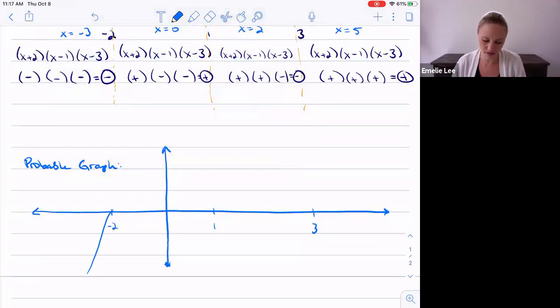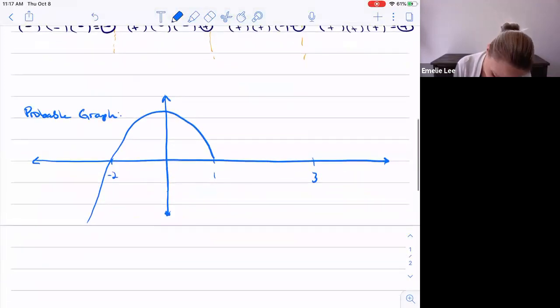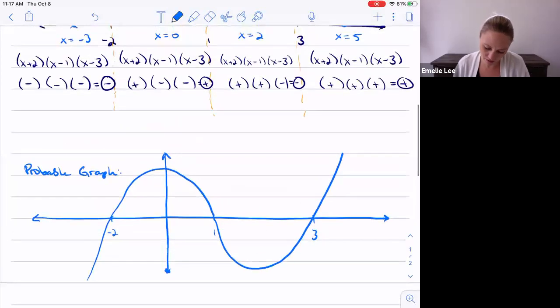And then it goes to positive between -2 and 1. So maybe some point here it switches over, because at 1 and 3, it switches to a negative. And then from 3 onwards, it goes to a positive result, right?